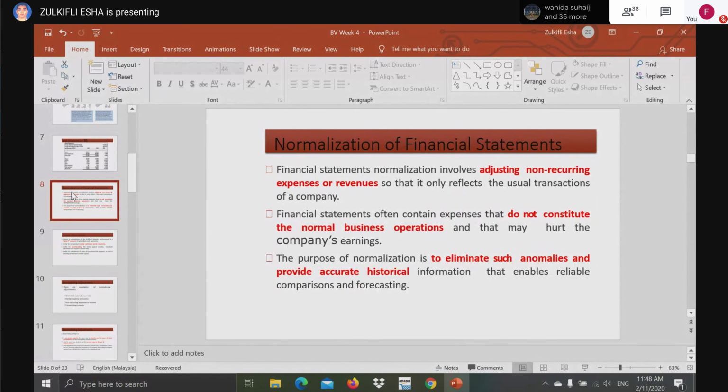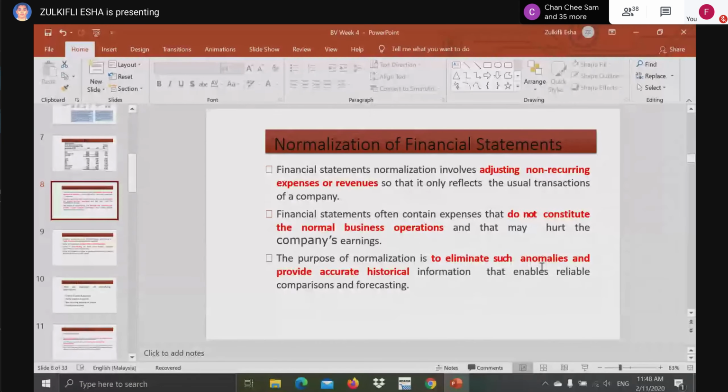financial statements. So financial statements normalization involve adjusting non-recurring expenses or revenues so that it only reflects the usual transactions of the company. Financial statements often contain expenses that do not constitute the normal business operations and that may hurt the company's earning.